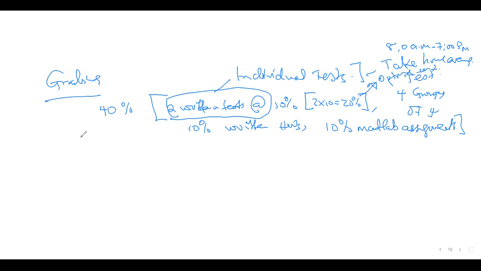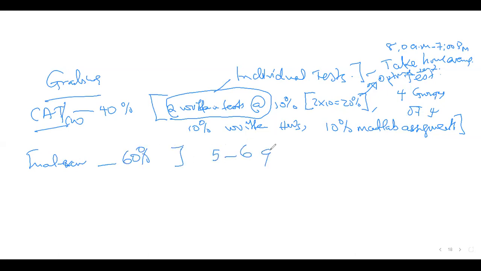So, and the final exam, this is continuous assessment tests and coursework. Then the final exam is out of 60%. Usually there are 5 to 6 questions. Each has 25 marks. You choose 4.